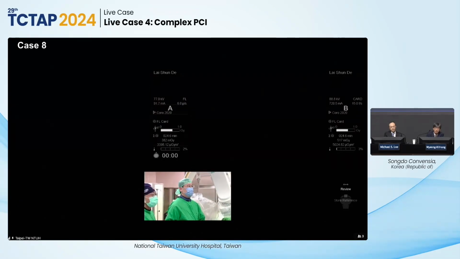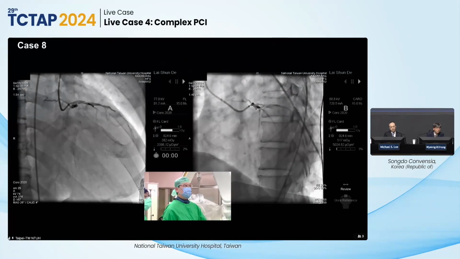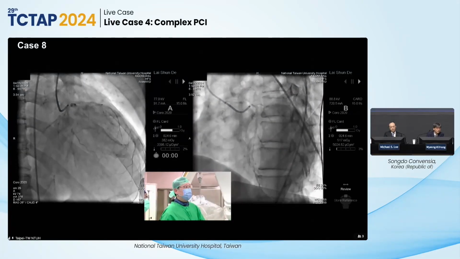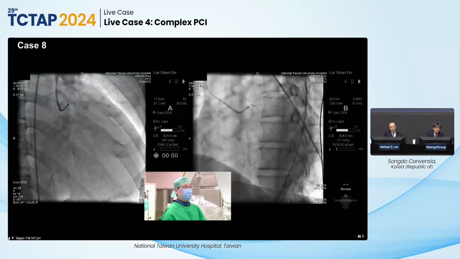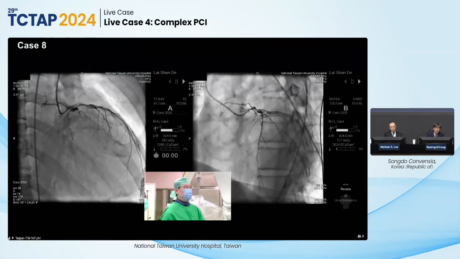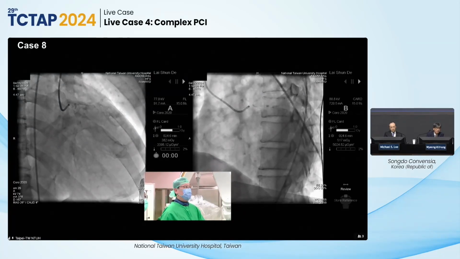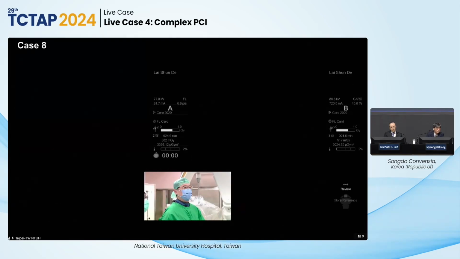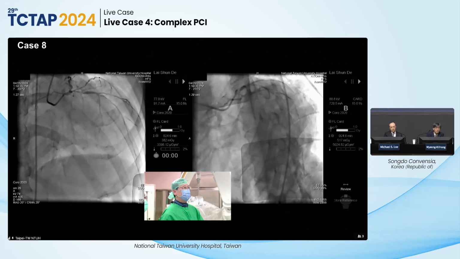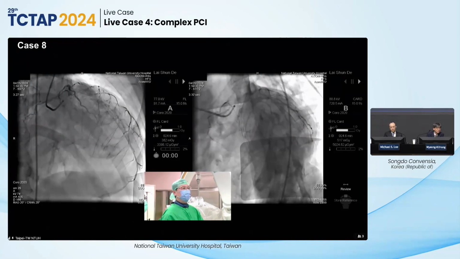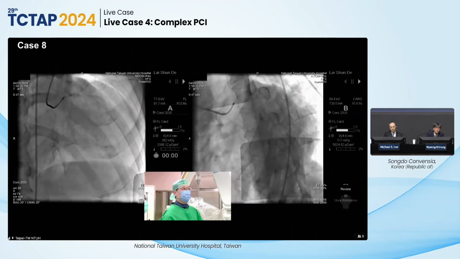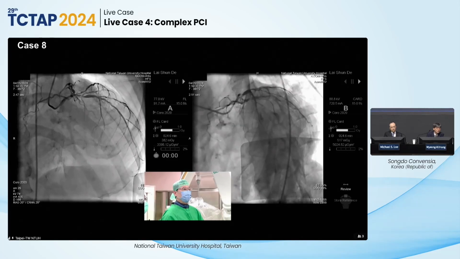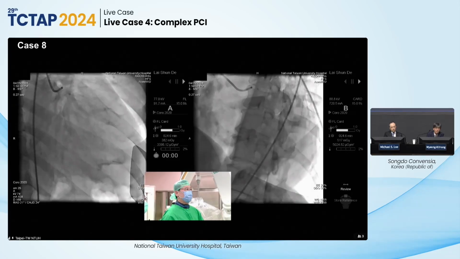This is the left coronary angiogram. We are seeing the progression of the left main this time, and diffuse lesion distally, including the distal mid portion of the LAD and the distal circumflex. Next.